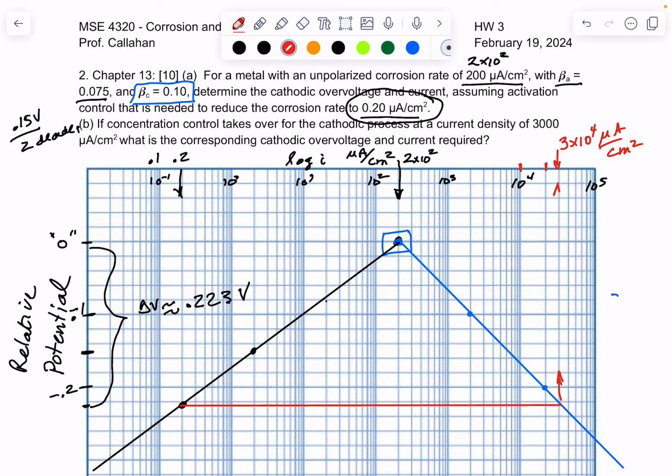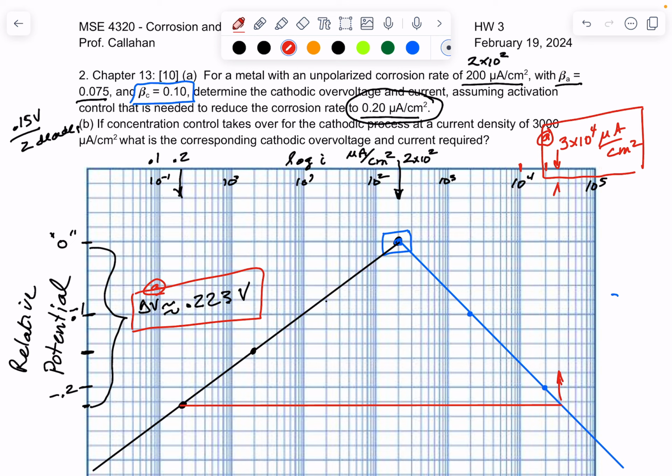So that would be the amount of current needed, and that would be the answer to part A. This would also be the answer to part A. And let me just write A next to that so that we have a nice tidy solution.